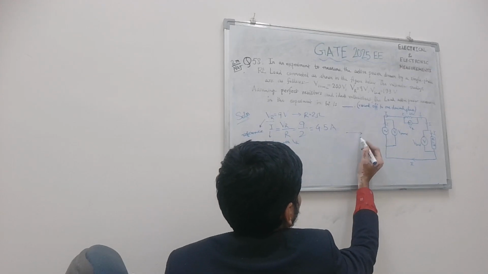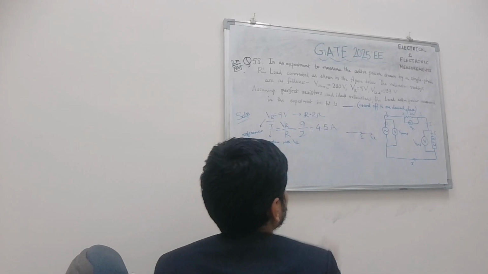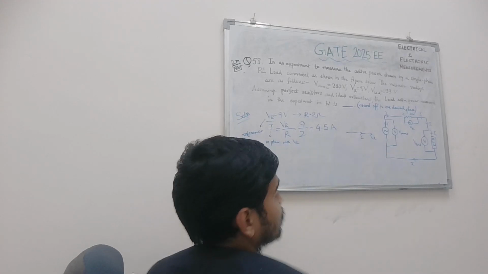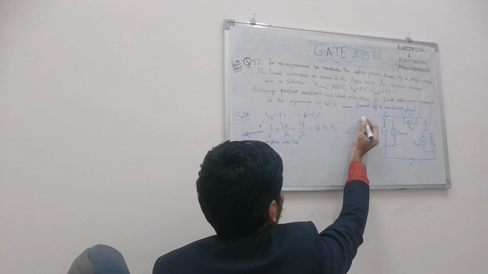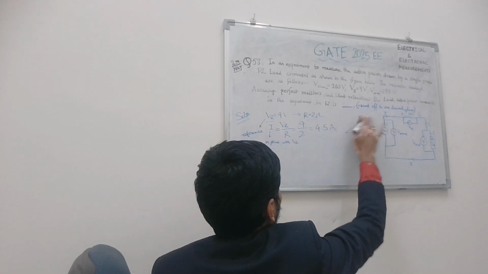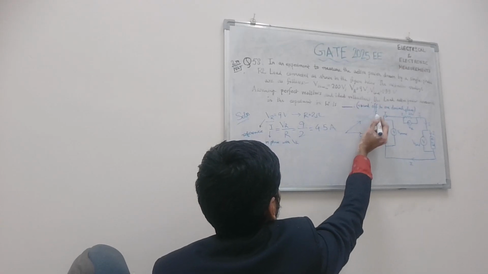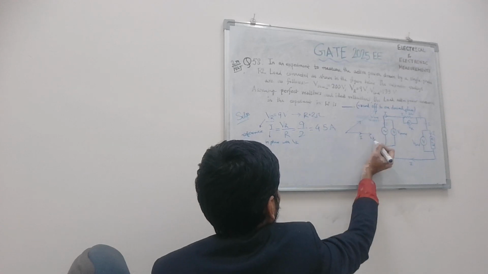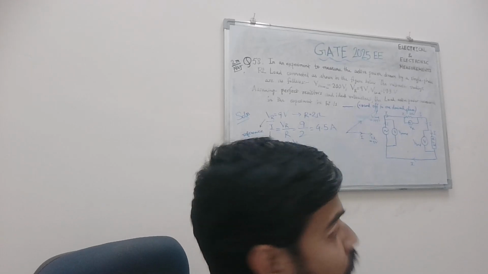If this is I, this is VR. For the RL load, the voltage will be leading the current by some angle, like this. It is V load, much greater, V load 199 volt. VR is given as 9 volt only, and the resultant will be V source.